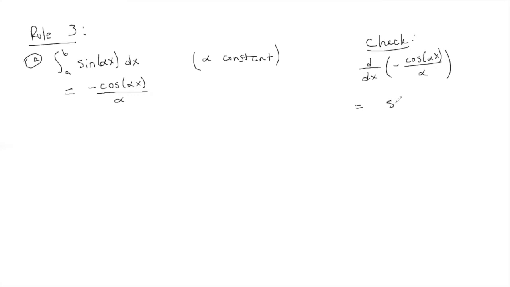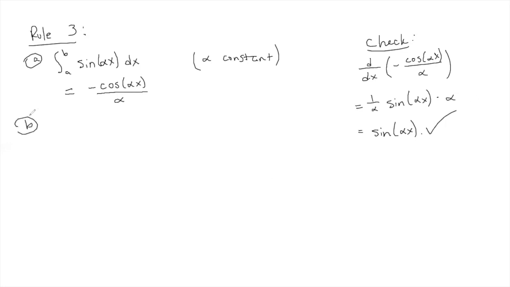So I get definitely sine of alpha x, and I get this 1 over alpha on the outside as well. But remember that I have a chain rule in here, and I have to multiply by the derivative of the inside. And the derivative of the inside in this case is alpha. So I get just sine of alpha x. And that checks out.